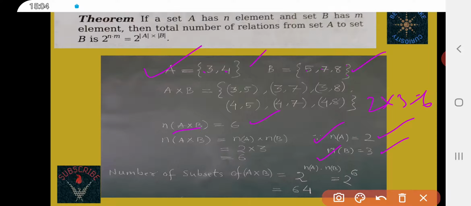You know the formula, yes? The number of elements in A cross B is the number of elements in A into the number of elements in B, that is equal to 6. So A cross B contains how many elements? 6 elements. So how many subsets of A cross B?